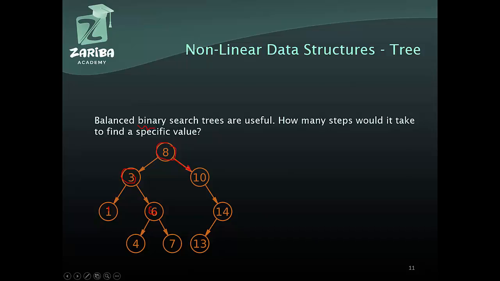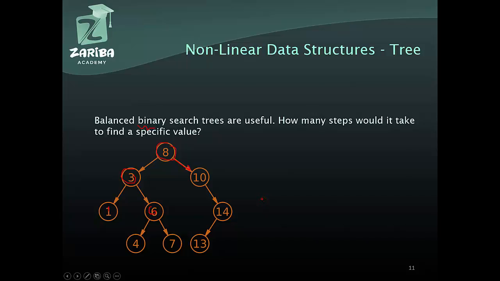From the 6 we have a 4 to the left because it's smaller, and 7 to the right. And then we have the 10 here, 14 here, 13 is to the left because it's smaller than 14. Is that clear how we made this tree? Every value that is smaller is to the left, every value that is higher is to the right.